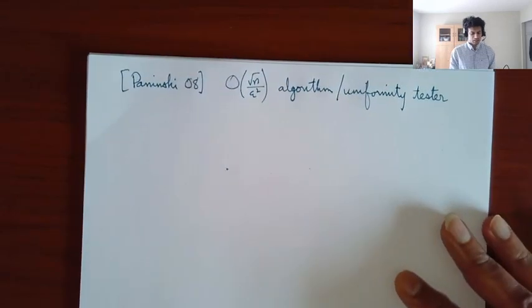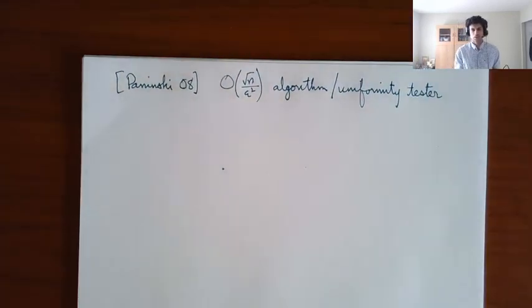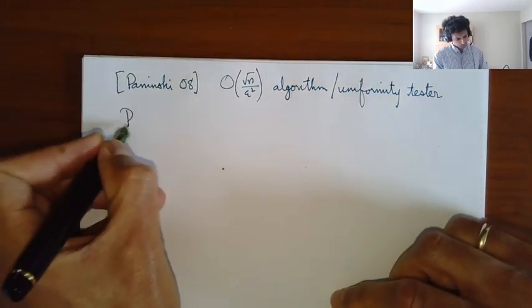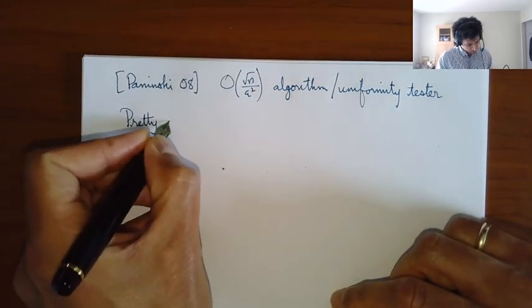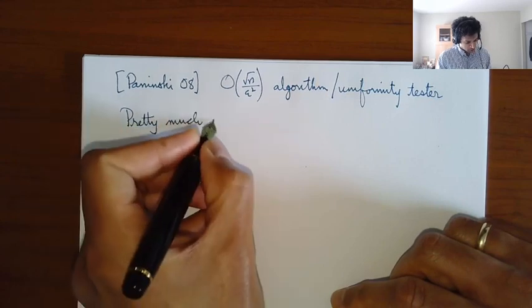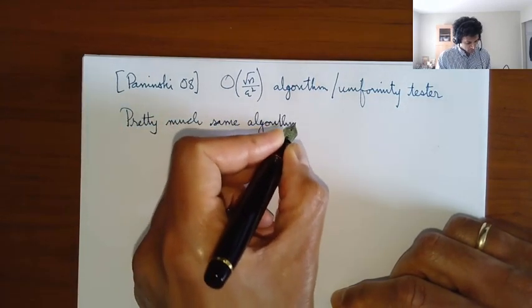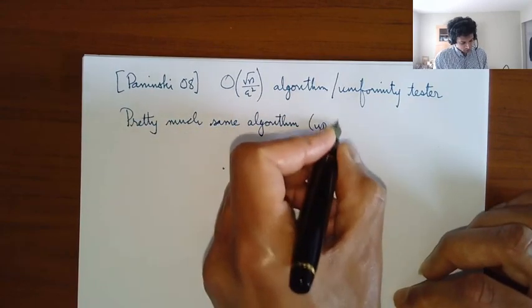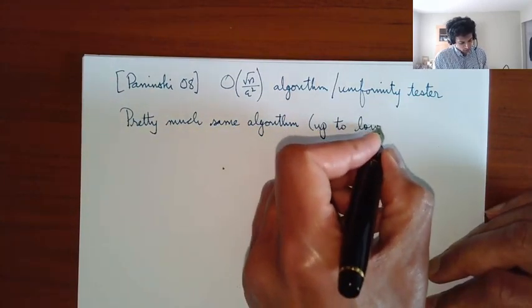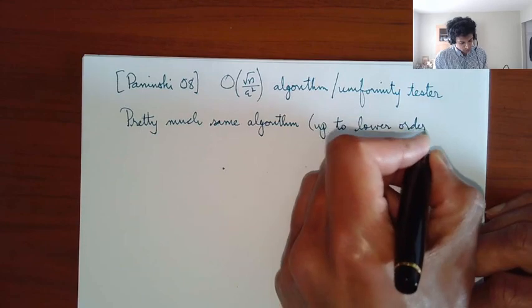His tester is slightly different, but it's pretty much the same algorithm up to some lower order differences.